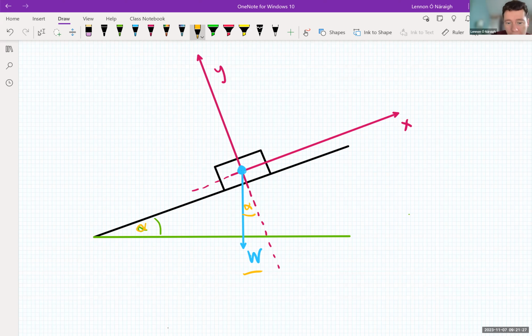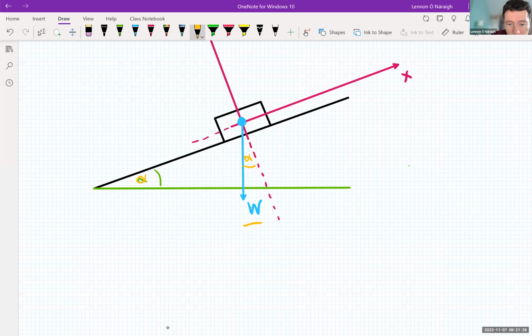So if I want to take the vector W and project it onto the Y-axis, cosine is always what you do when you're making a projection. So the projection of W onto the Y-axis is W cos alpha. So I get that immediately.